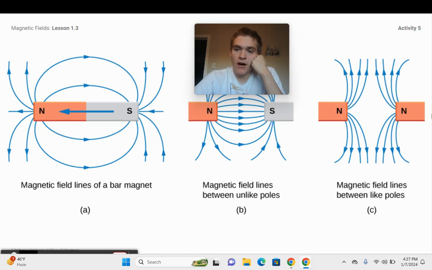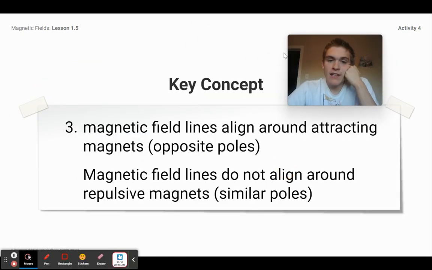These are between similar poles, so they repel. The key concept here: magnetic field lines align around attracting magnets, opposite poles. Magnetic field lines do not align around repulsive magnets, similar poles.